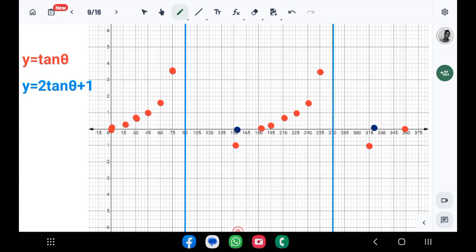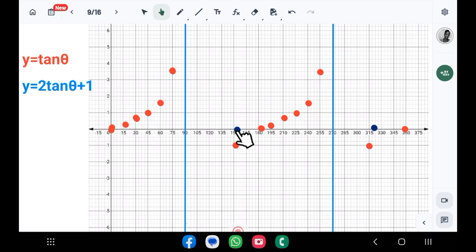All right, on the left hand side, what we do is at 165, tan of 165, which is over here, equals negative 0.27.